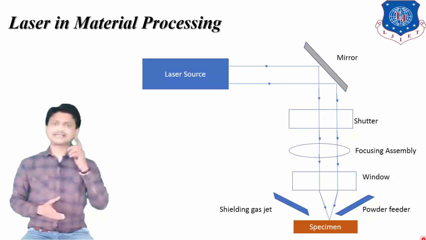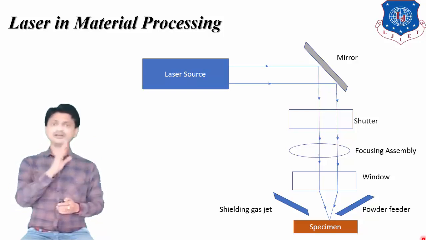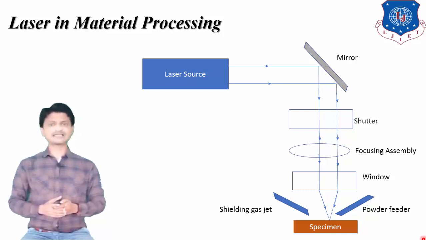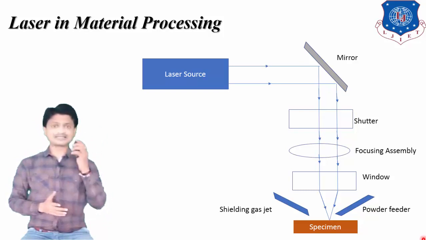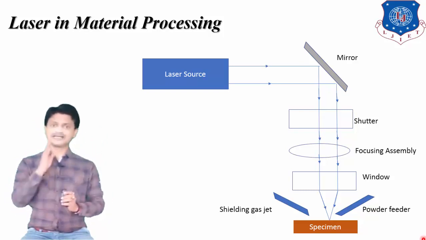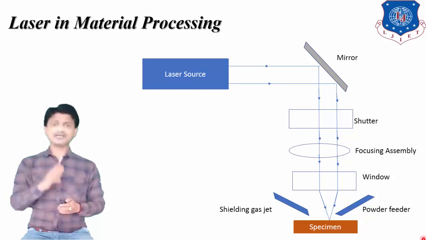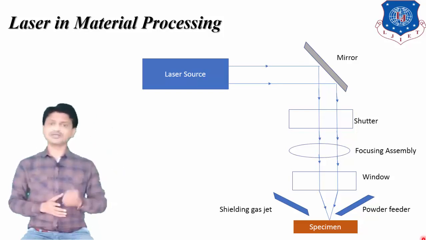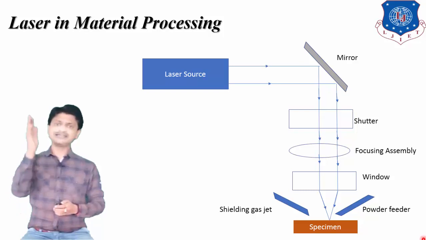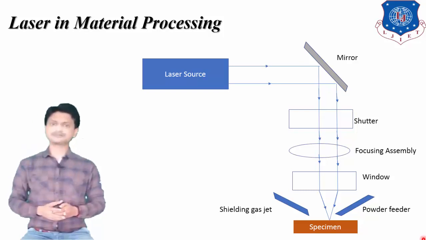When the laser beam produced from the laser source is passed through the mirror, it is reflected back and passes through the shutter. That shutter controls the intensity of the laser beam and allows it to fall onto the focusing lens assembly. Through that focusing lens assembly, the beam is focused onto the window and then it is incident on the specimen.